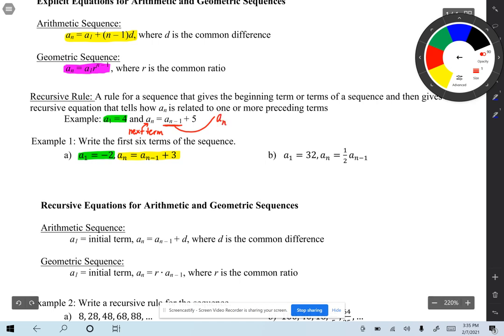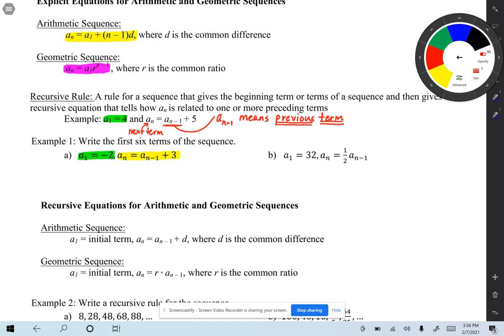So a sub n minus 1 always refers to the previous term. That makes sense. So think about if you replace n with 2, 2 minus 1, that would be the first term. So it means the previous term. Super important that you remember n minus 1 means the one before n. That makes sense, though. It's n minus 1.